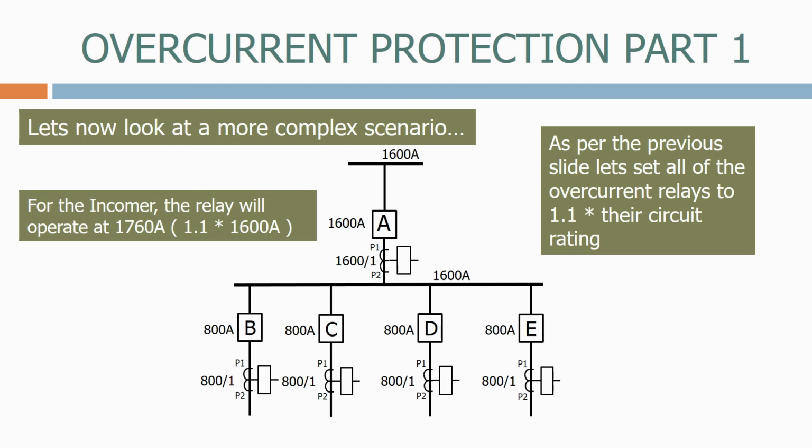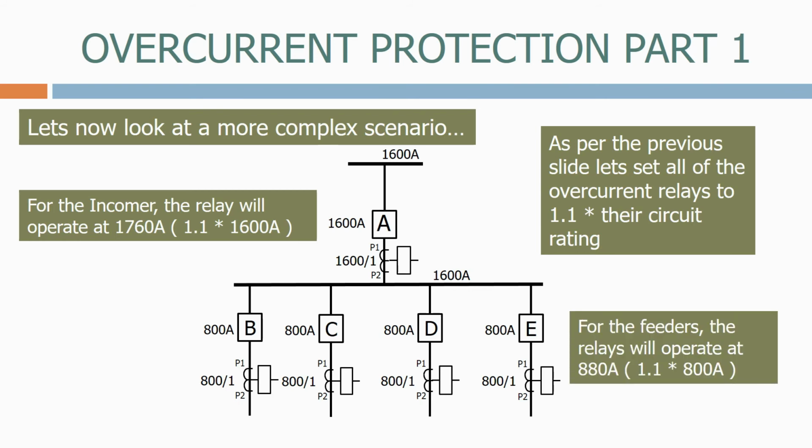For the incomer, the relay will operate at 1760 amps, which is 1.1 times 1600 amps, the circuit rating. For the feeders, the relays will operate at 880 amps, which is 1.1 times their circuit rating. Let's now close the circuit breaker.